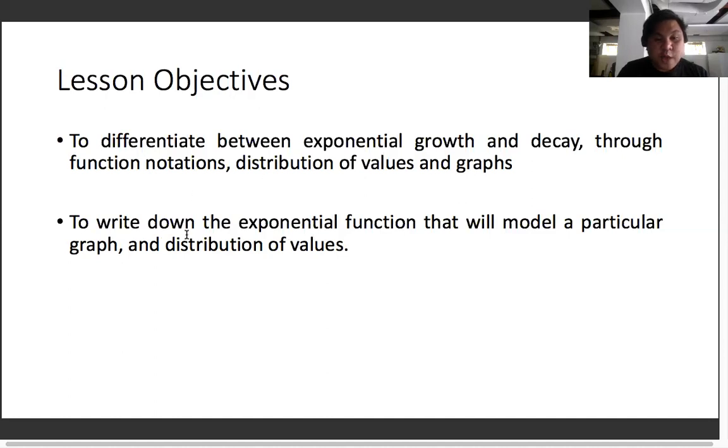Next, we are going to write down exponential functions that will model particular graphs and distribution of values. Okay, so given a particular series or a particular graph, or maybe a distribution of values, we're also going to determine what exponential function models such a particular distribution or graph.